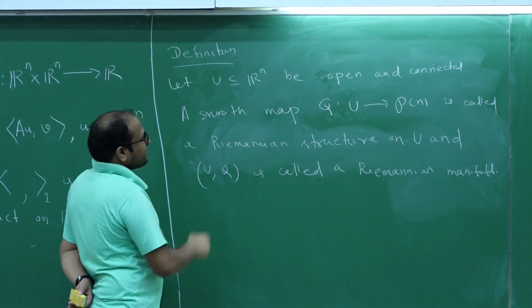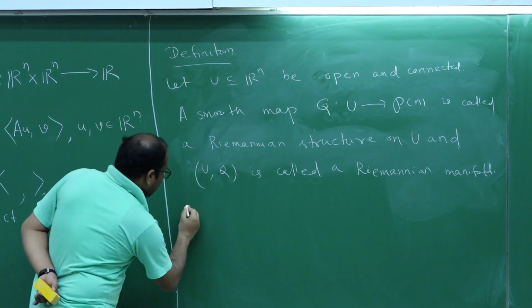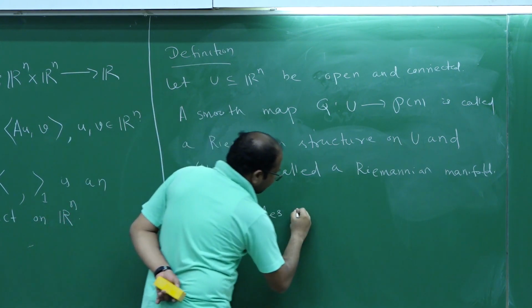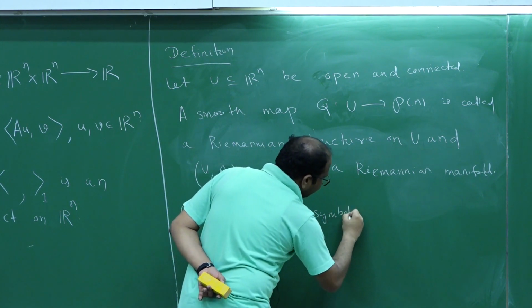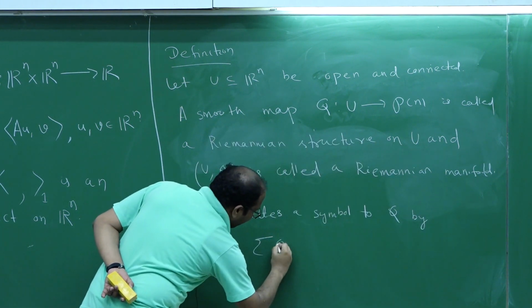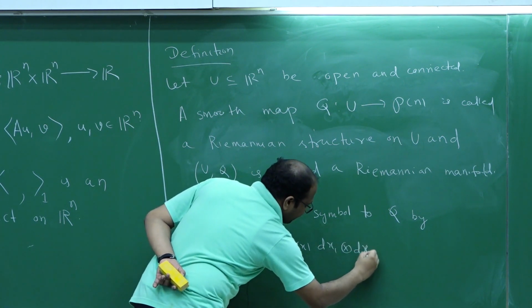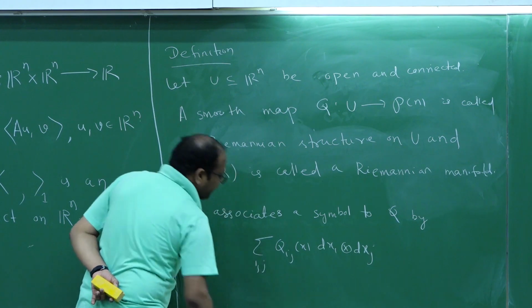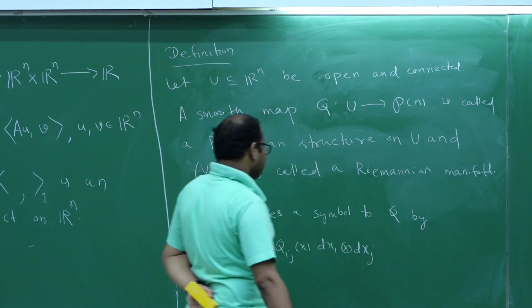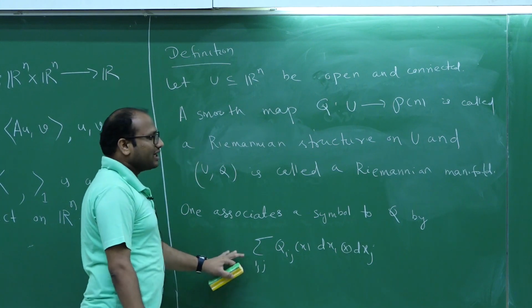Now, since this Q is a positive definite matrix, one generally associates a symbol to Q, something like the sum of Q i j of x d x i d x j. In the language of differential geometry, this symbol is a symmetric 0 2 tensor, and I will call this a Riemann element.